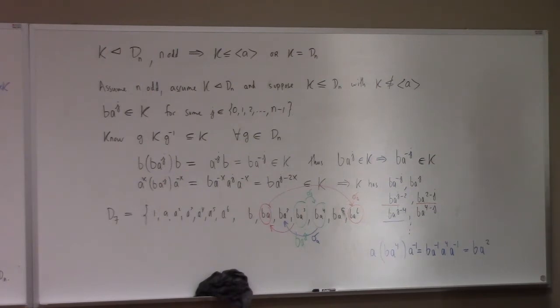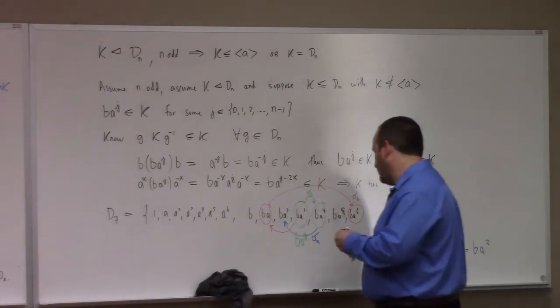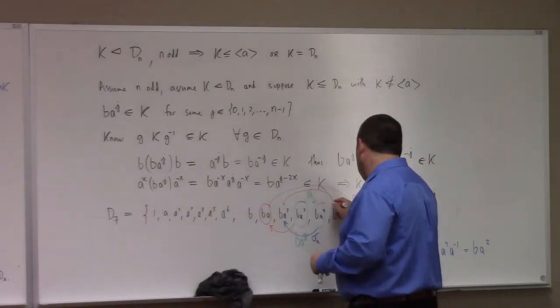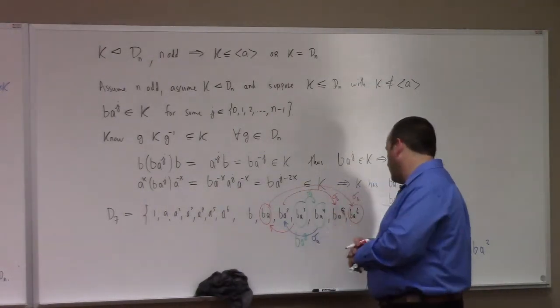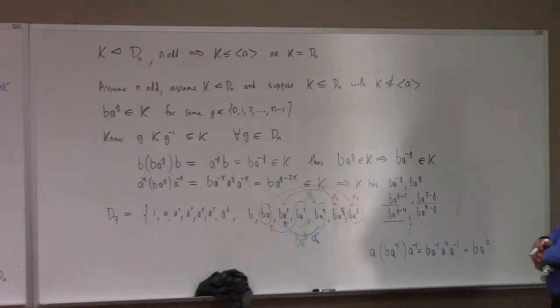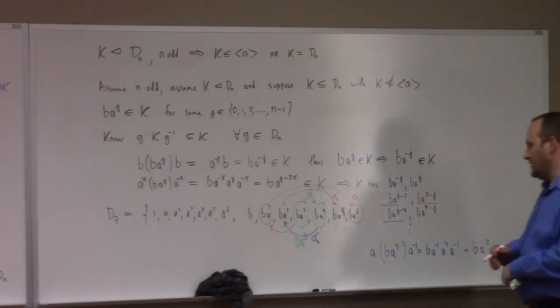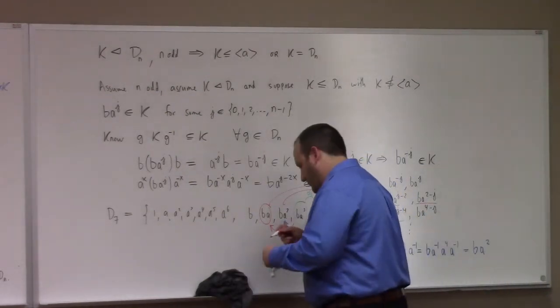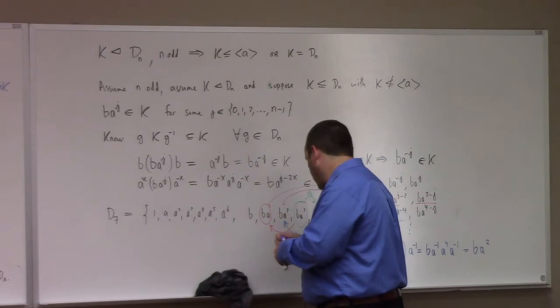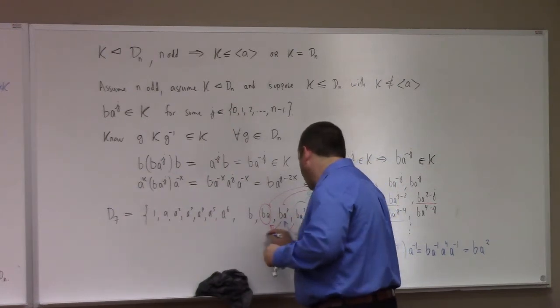Which then by conjugation by b takes me over to here, right? And that's everything. Oh, but I still got to get to, anyway, I'm pretty sure that conjugation by a moves me like that, right?